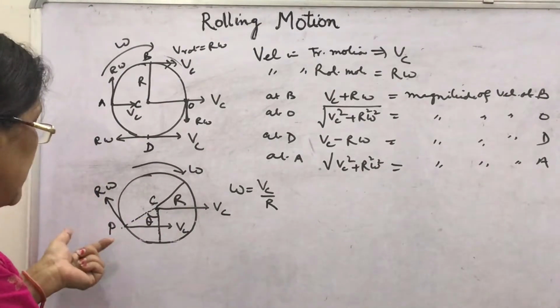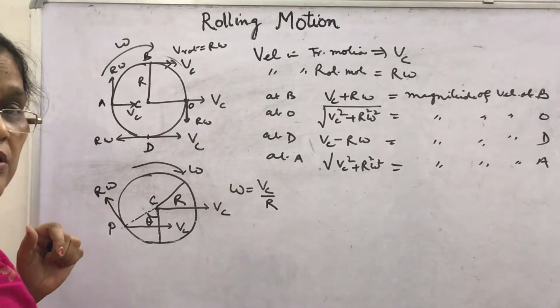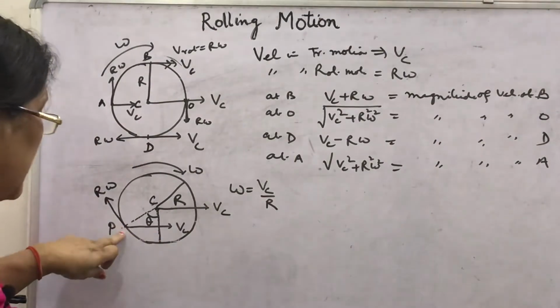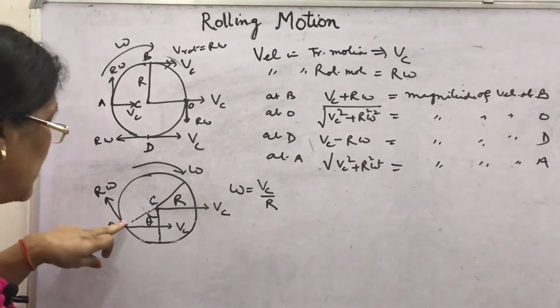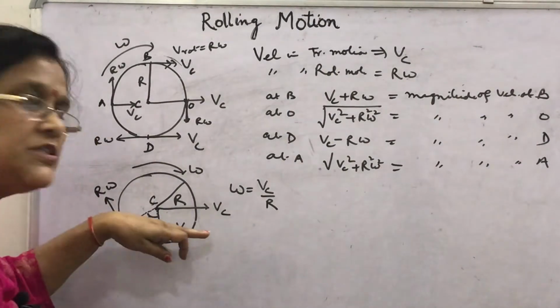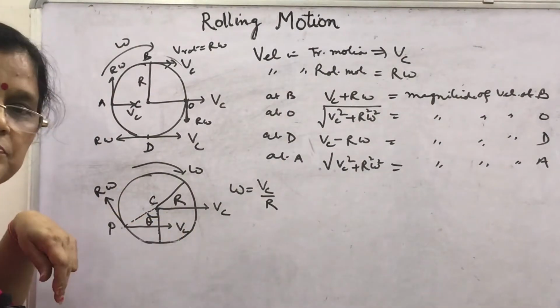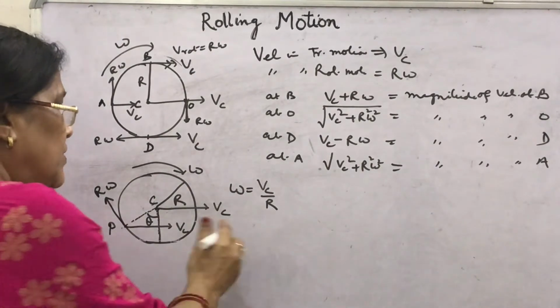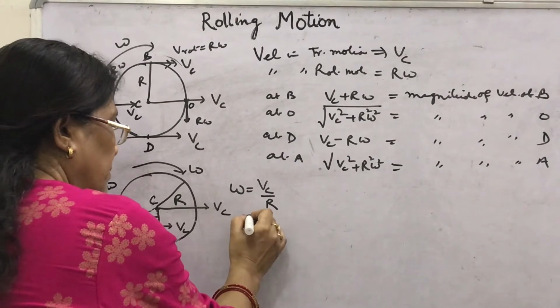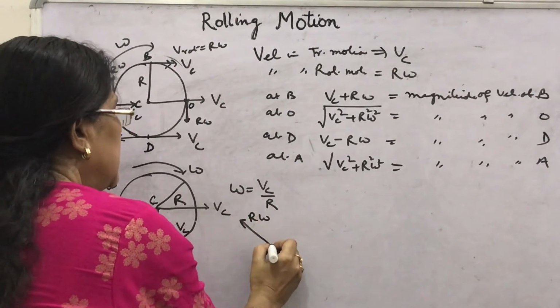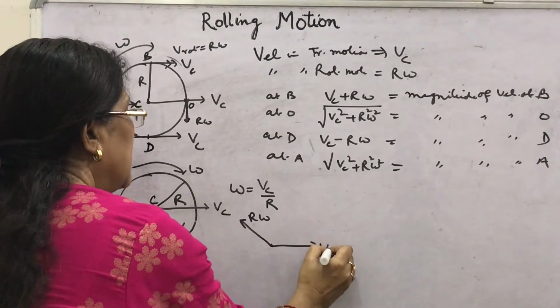We have to find the velocity of point P. Again I am explaining. At point P, the velocity due to rotational motion is in this direction. The velocity due to the center of mass, that is translational motion, is this VC. If you draw separately, this is r omega and this is VC.